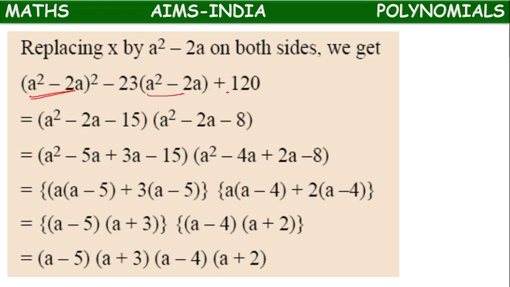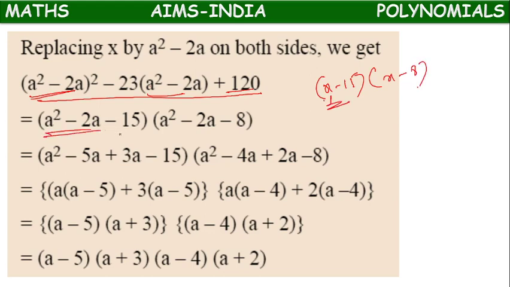We got two factors, x minus 15 and x minus 8. In place of x we keep a square minus 2a, so the first factor is a square minus 2a minus 15, and the second factor is a square minus 2a minus 8.